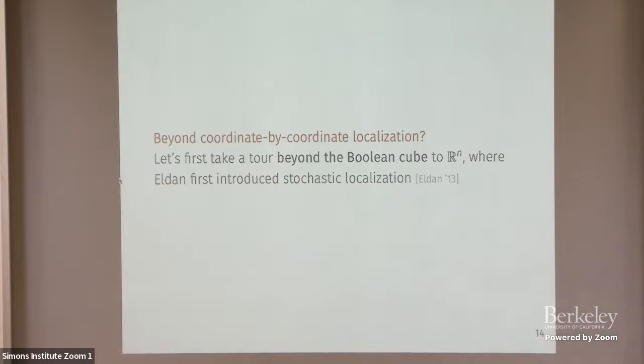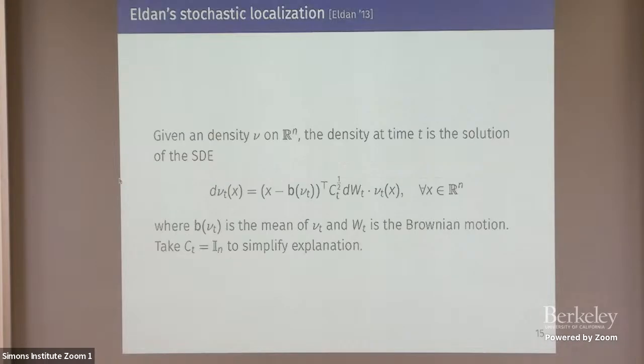Okay, so now we want to go beyond this coordinate-by-coordinate localization, and let's first take a tour beyond the Boolean cube and into R^n, and that's where Eldan first introduced stochastic localization, and we'll get some inspiration from it.